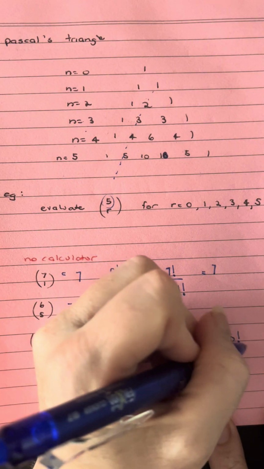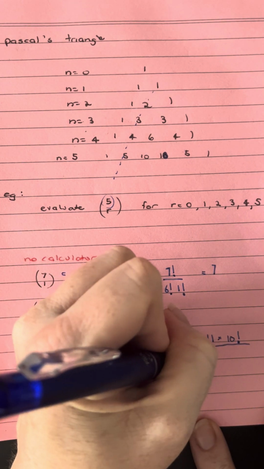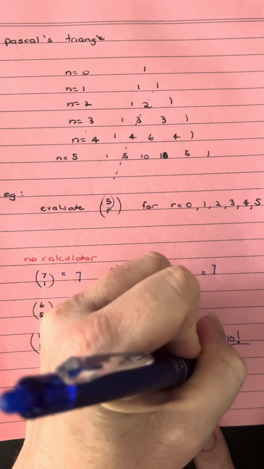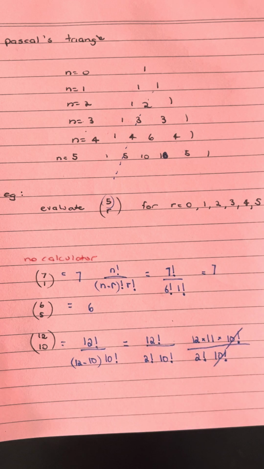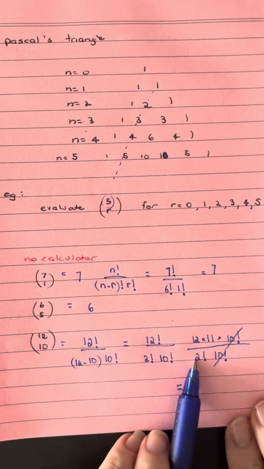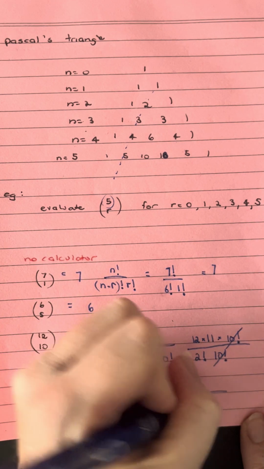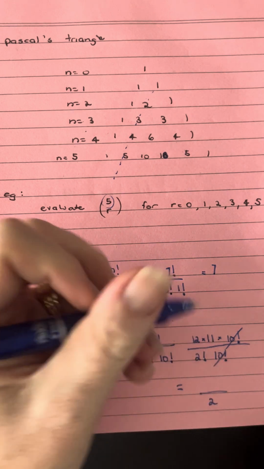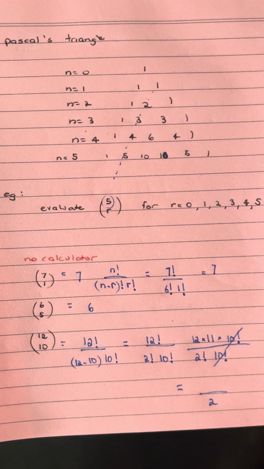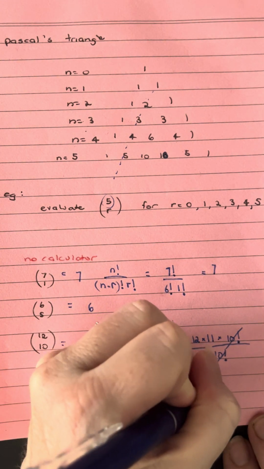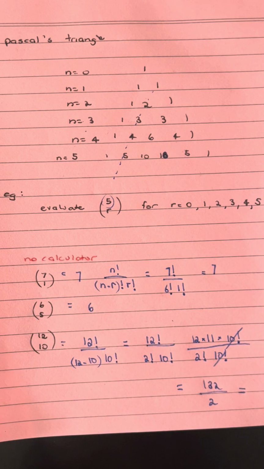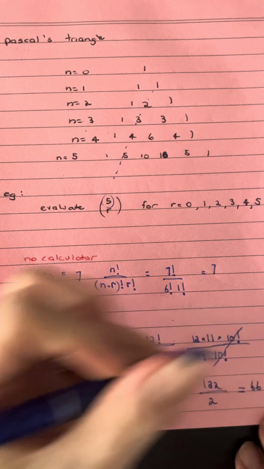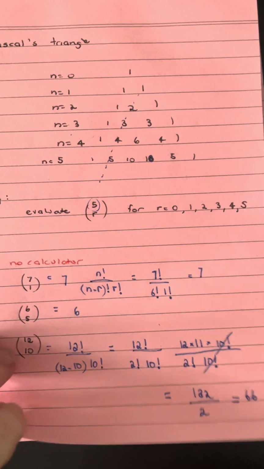So rather than writing 10, 9, 8, 7, 6, 5, 4, 3, 2, 1, we can write the 10 factorial, and on the bottom that we've got the 2 factorial, 10 factorial, so we can obviously cancel them out. And then that means we know our 2 factorial is just going to be 2 because it's 2 times 1, and then we can do our 12 times 11 on the top, which is 132. So when we divide that by 2, we're going to get 66 there.